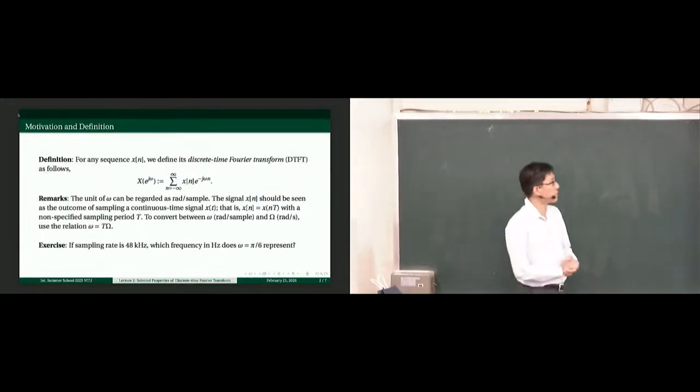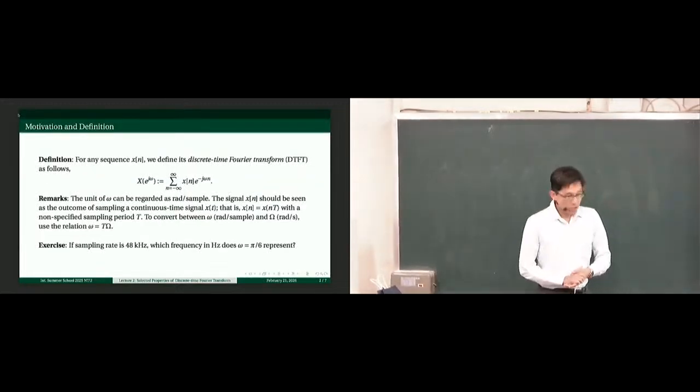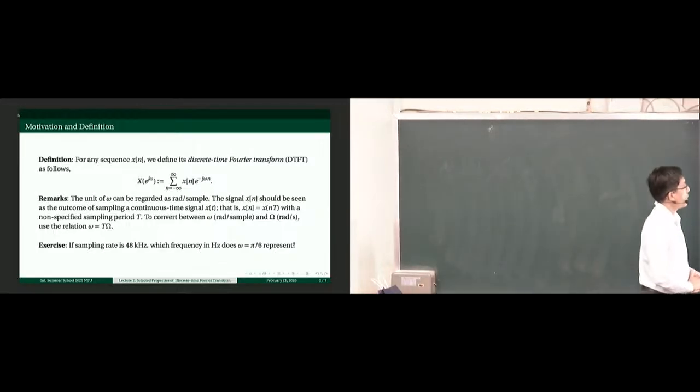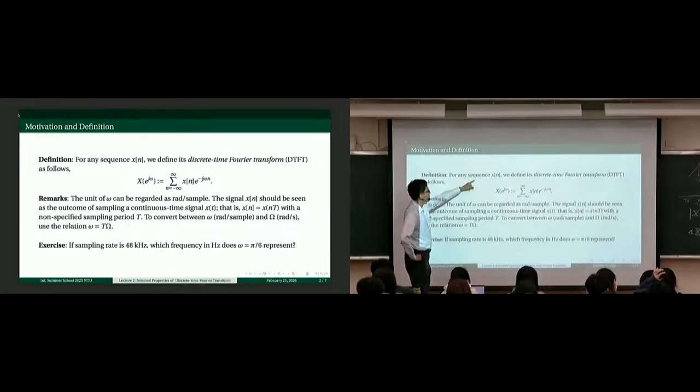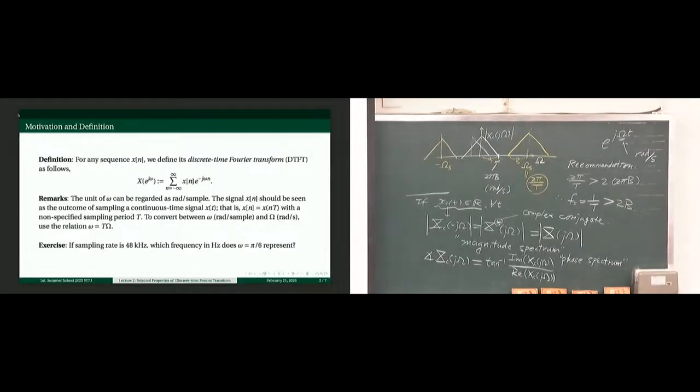So here comes the definition. The definition is, for any sequence x of n, we define this as its Fourier transform.